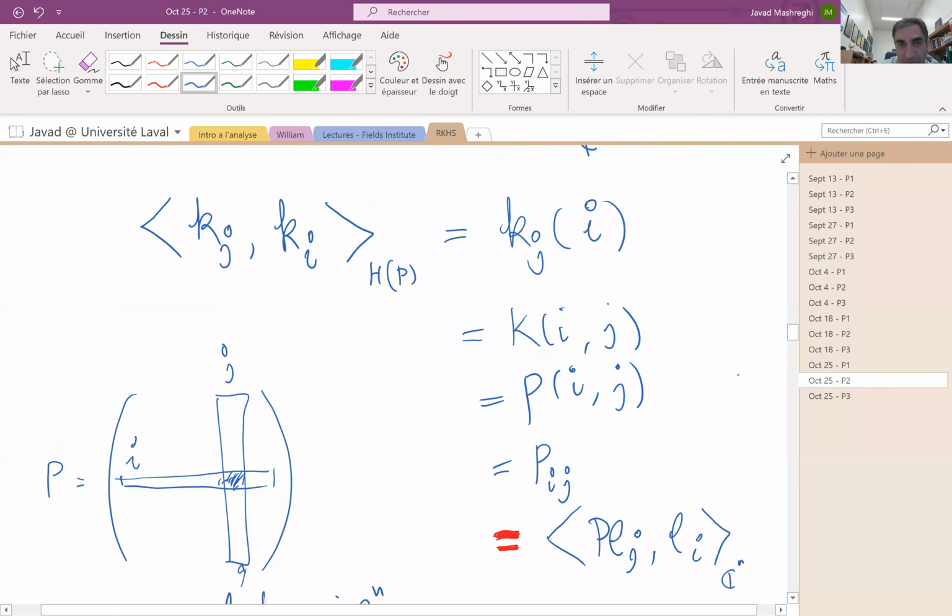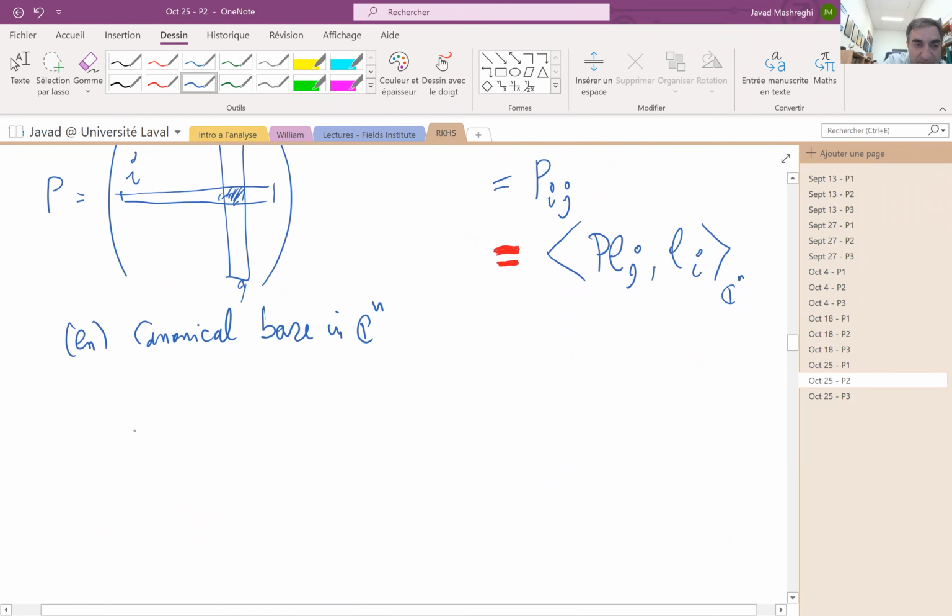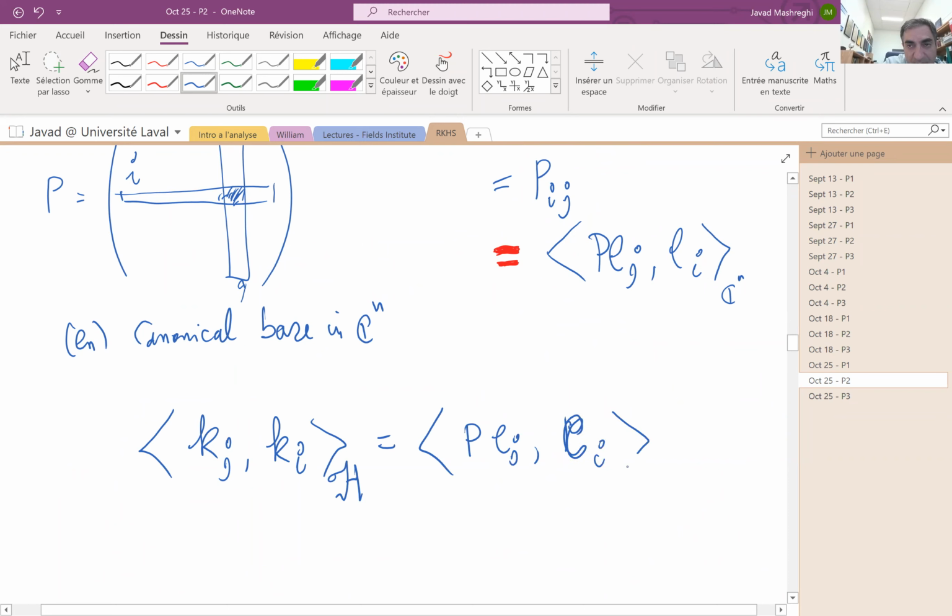So I look at the beginning and at the end. So summarize: Kj, Ki in our space H is equal to P Ej and Ei in Cn.